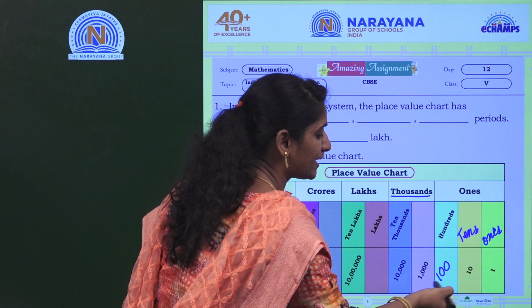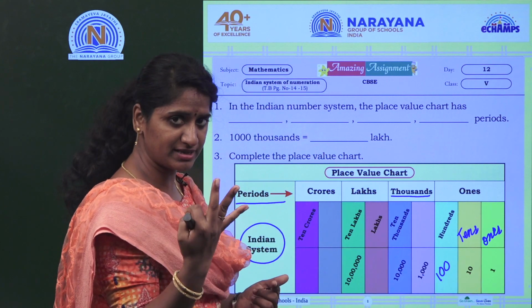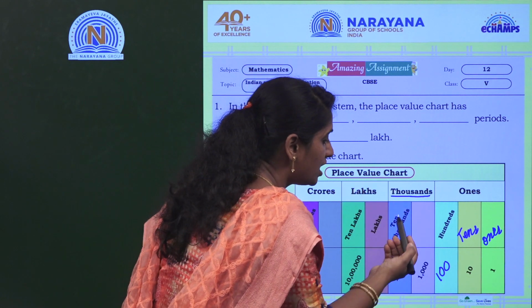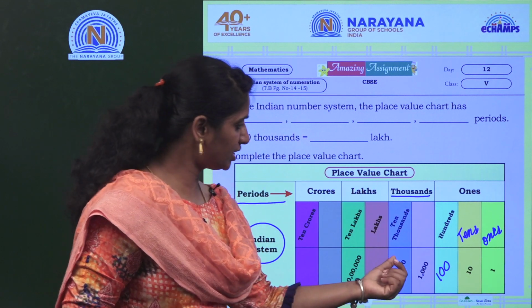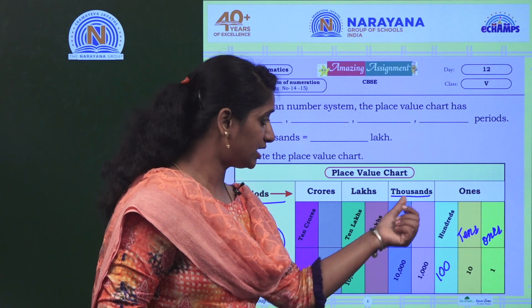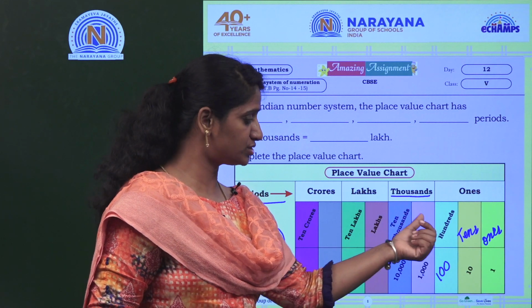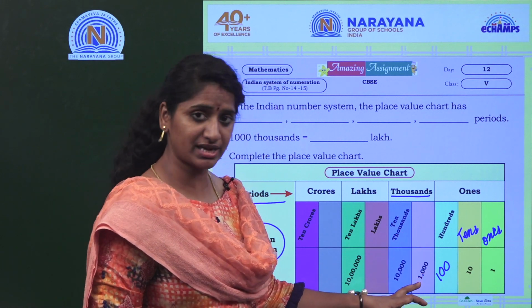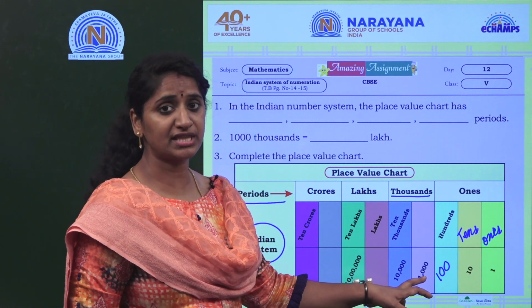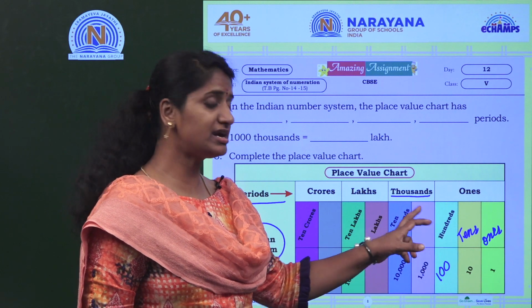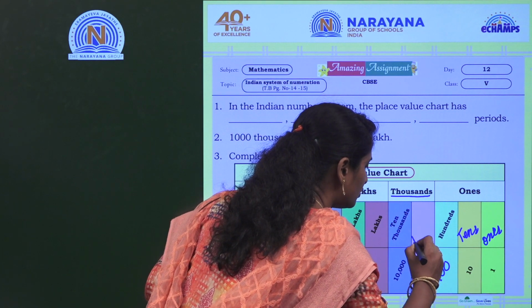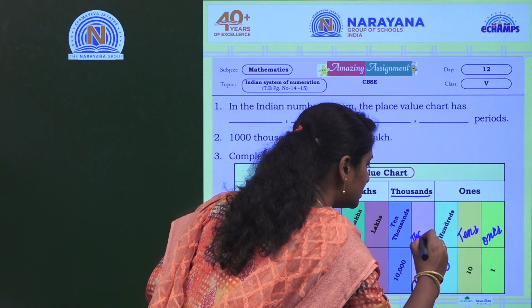In the ones period there were three places, but in the thousands period, you can check here, there are only two places. This one represents 1000. The place before the hundreds place is the thousands place.